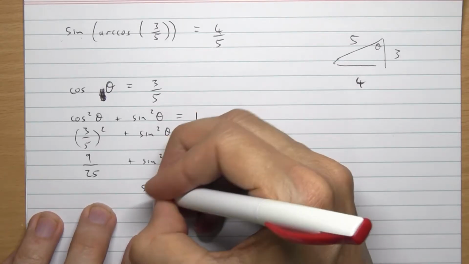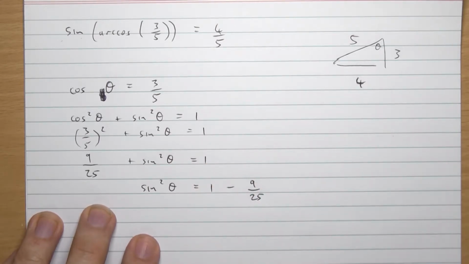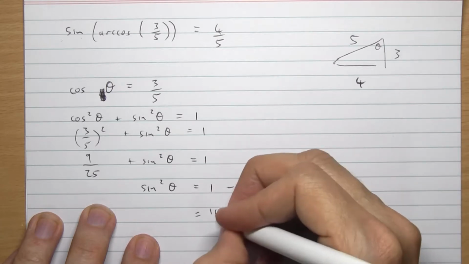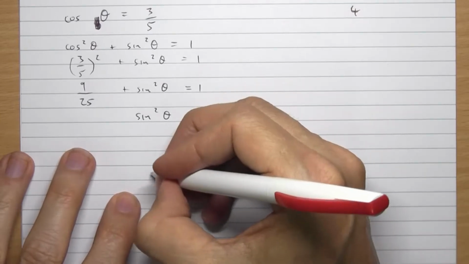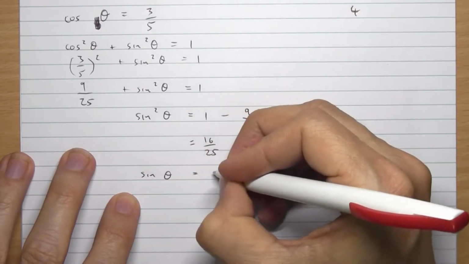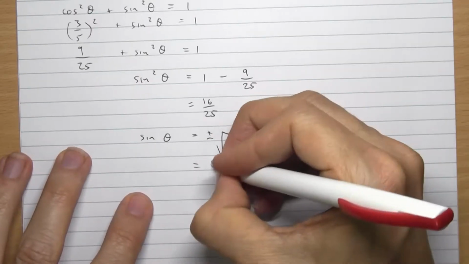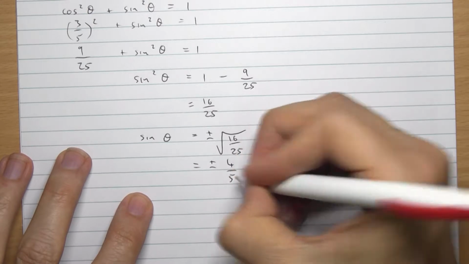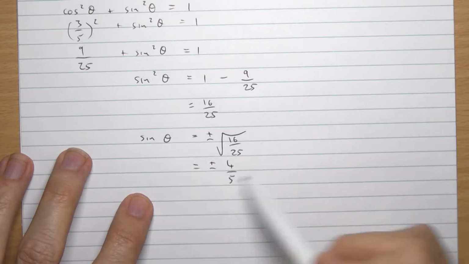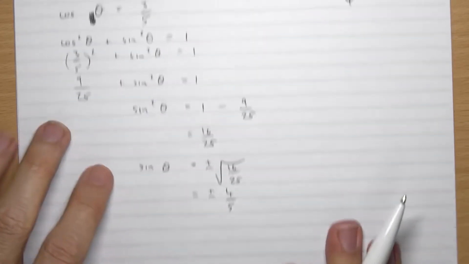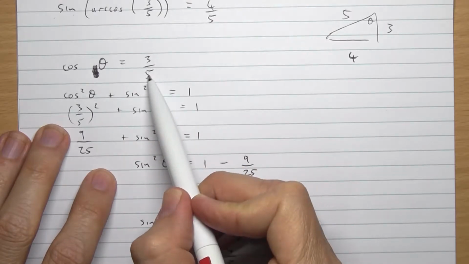Do some algebra. Sine squared theta is 1 minus 9 on 25, which is 16 on 25. And that means that sine theta must be plus or minus the square root of that, which is plus or minus 4 on 5. Now again, I don't know just looking at this whether it's positive or negative, but I do know that cos is positive.